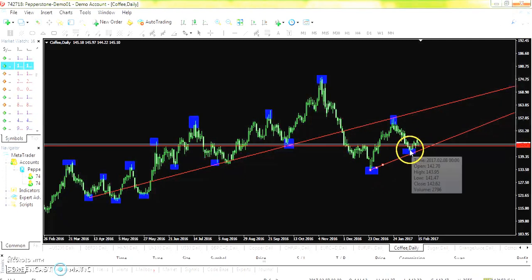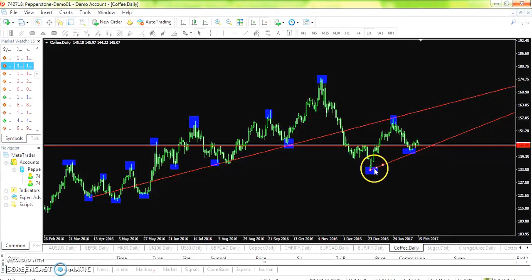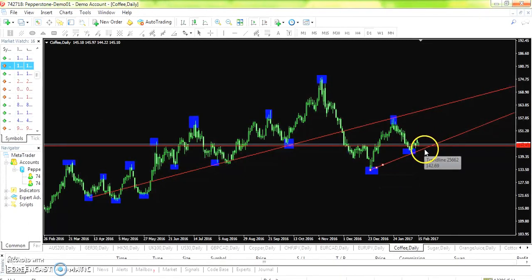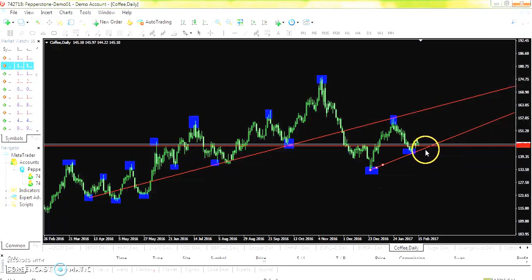This is also a lower low, and at this point this is the higher low because it didn't break this particular low. So we put a trend line. The trend line should be on an upside. The angle should be on an upside. So when the trend line breaks, you will sell on this order.